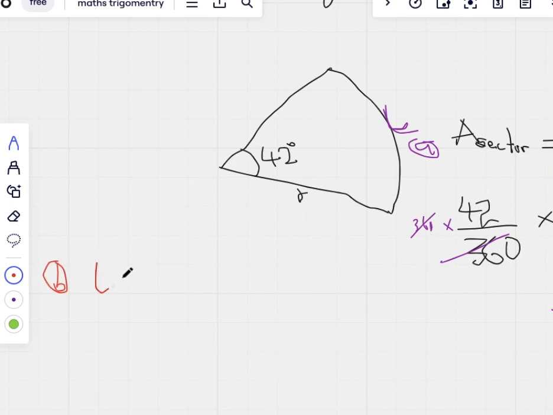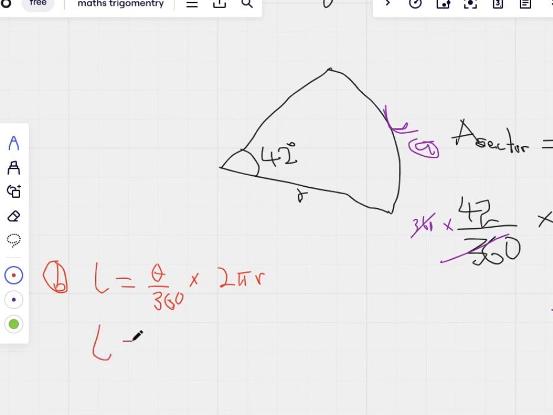So you say length of an arc is equal to the angle theta over 360 times 2 pi r. Okay, so remember we've just found the radius. Since we've calculated the radius, it is that radius we just found that we're going to use.